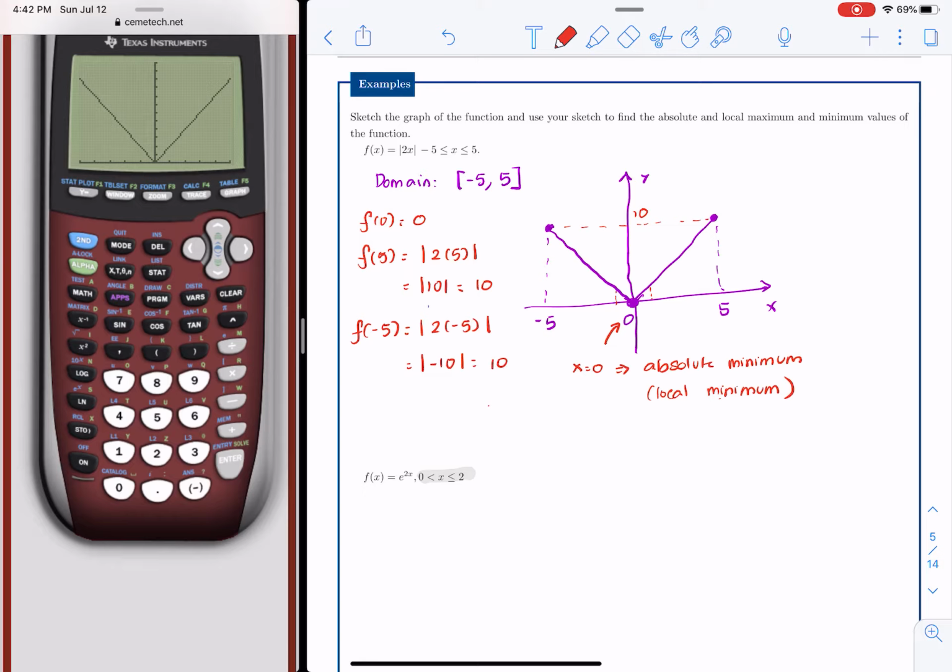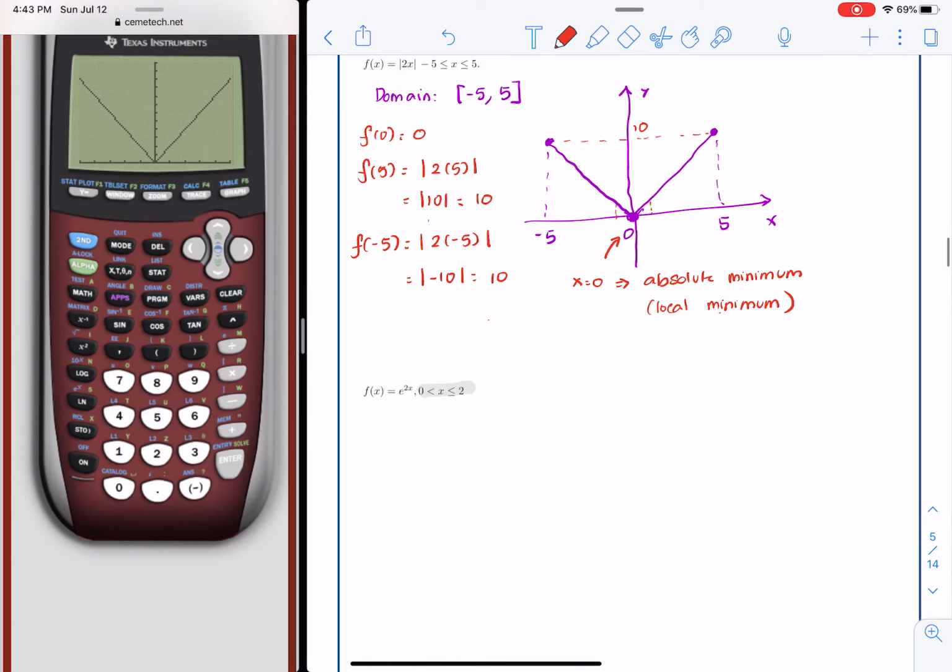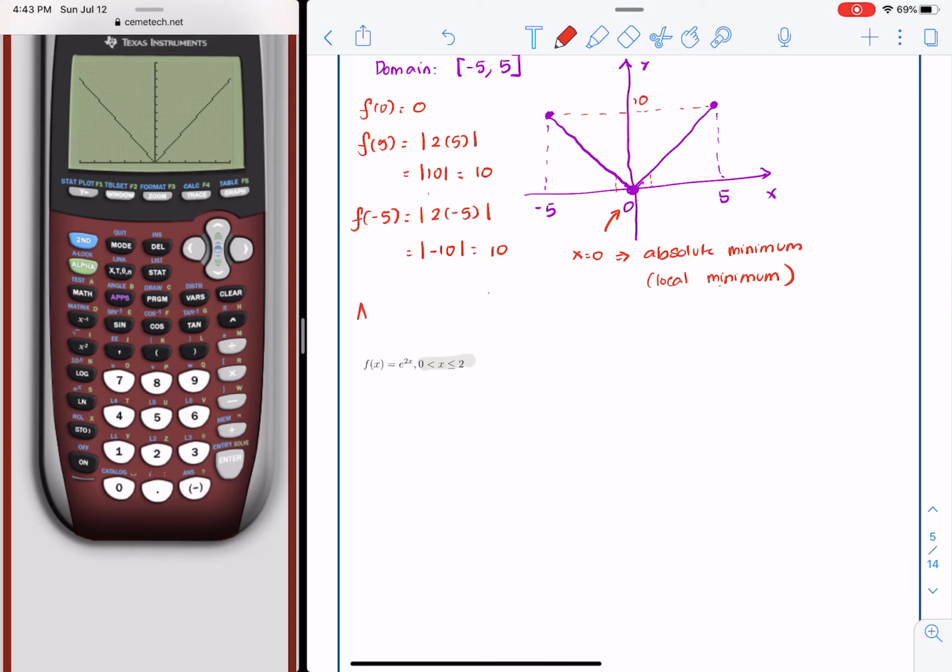So naturally, a function can have 2 absolute maximums, or 2 or more. It could repeat. So here we have an absolute maximum, but are these absolute maximums also local maximums?